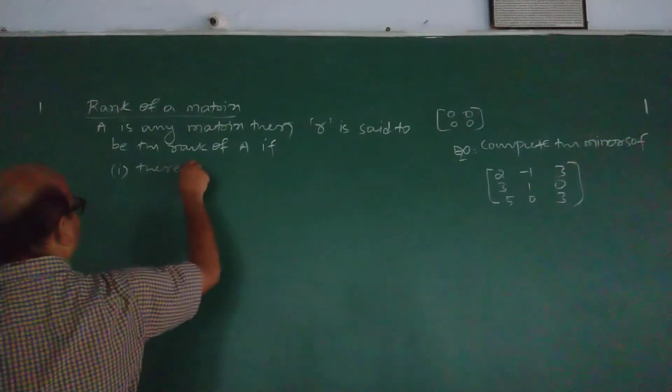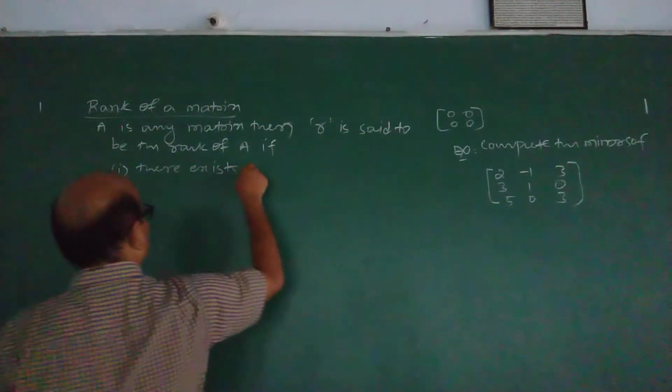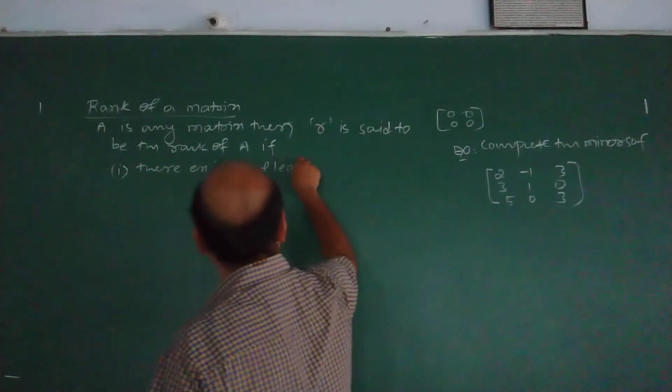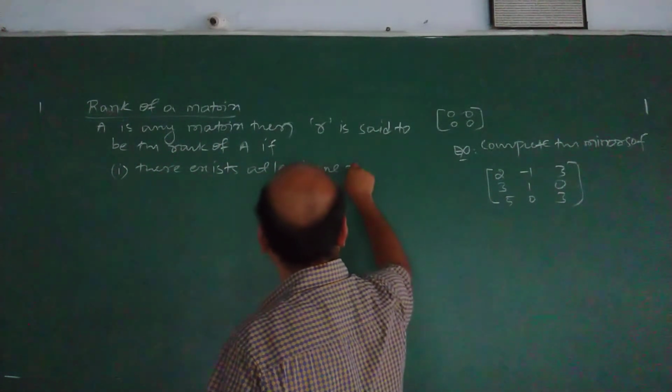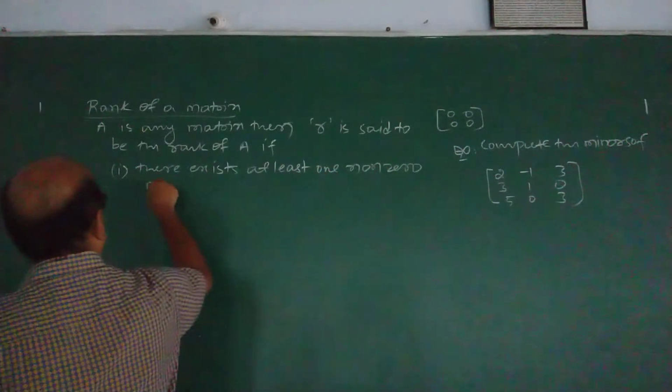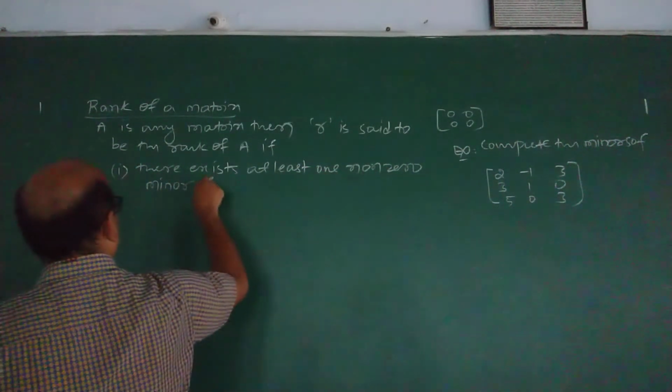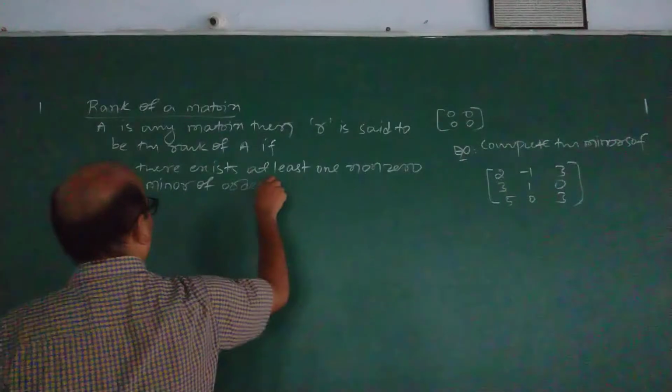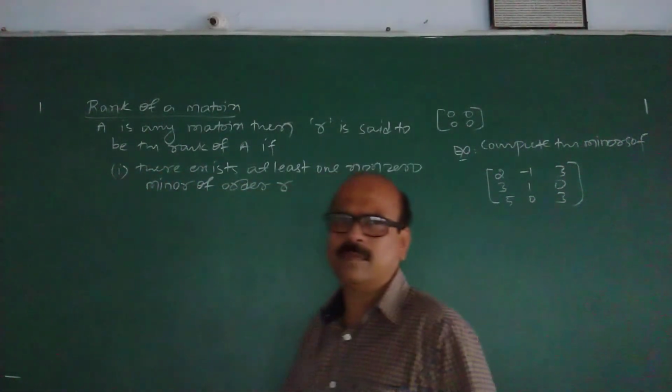There exists at least one non-zero minor of order R. First condition.